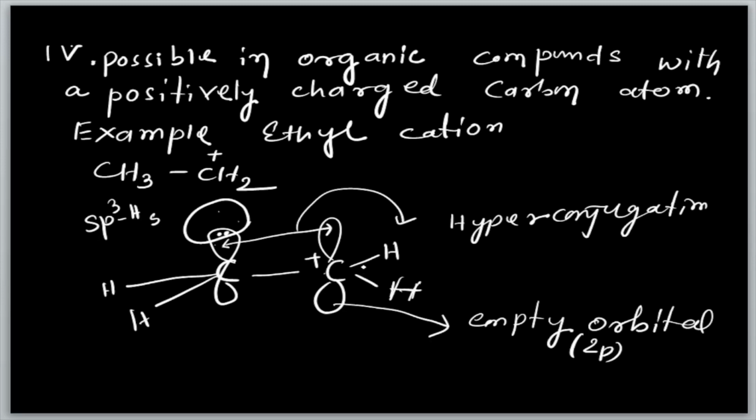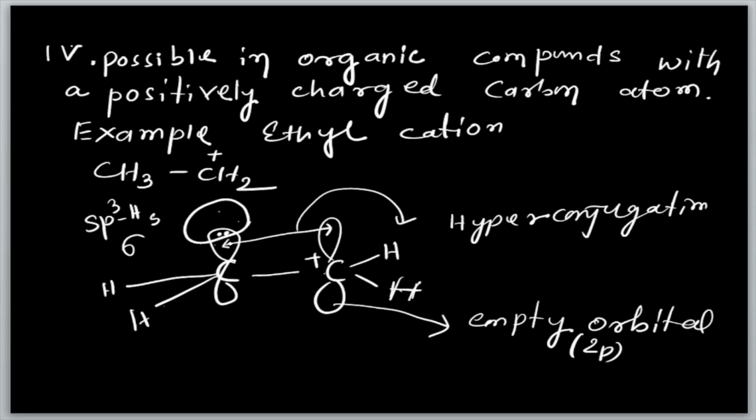And in ethyl, there are two hydrogens present in the alpha position when it is attached to an unsaturated system. Here the sp3-H overlapping gives a sigma bond, everywhere sigma. How many sigma? Three sigma.